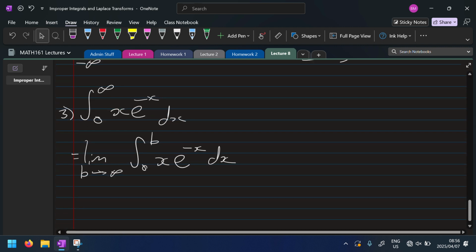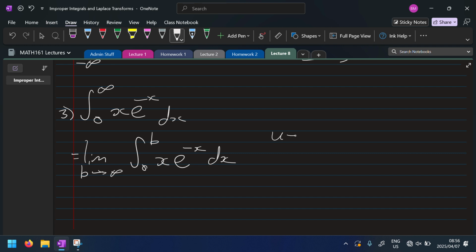So what are we going to have to do here? Well, this is your u dv type problem. So u will be x, dv will be e to the minus x dx, so everything else. Again, we need du and v, so du will be dx, v will be minus e to the minus x. You know all of that already.